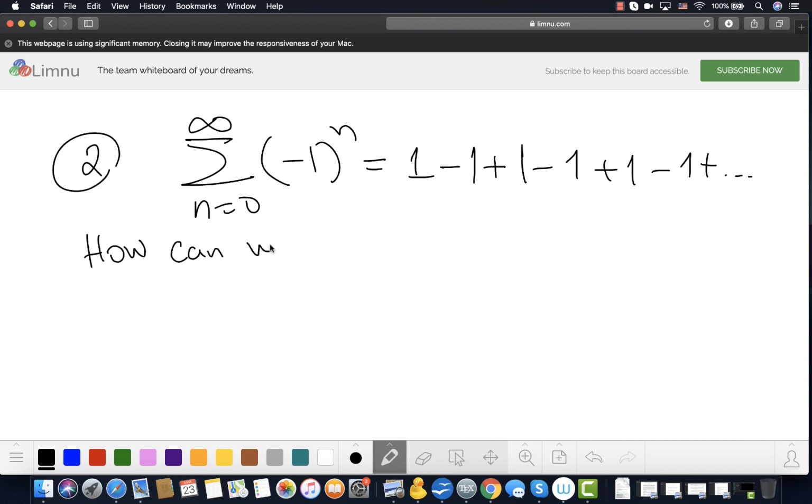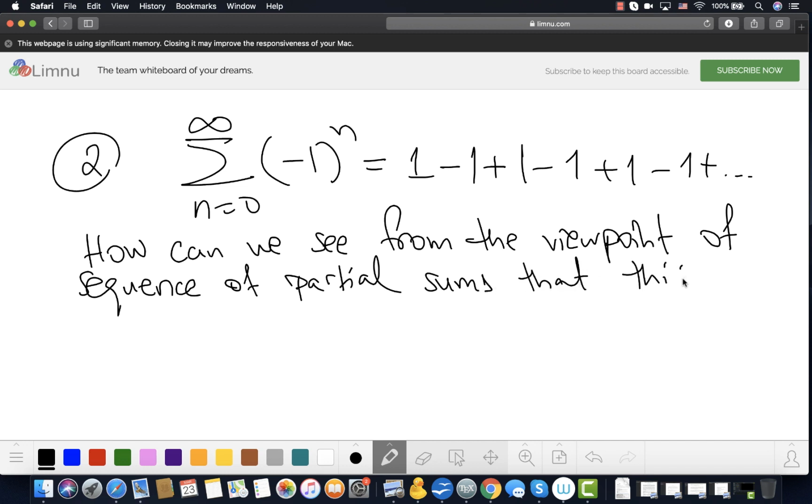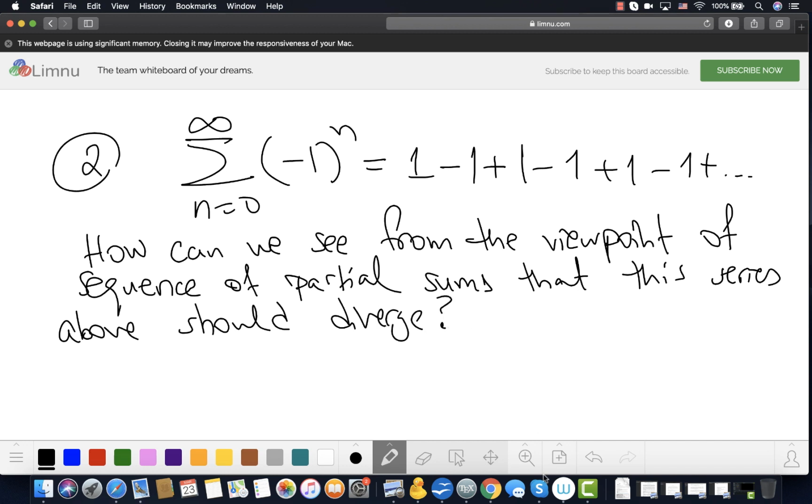How can we see from the viewpoint of the sequence of partial sums that this series above should diverge? I find doing this example in detail illustrative.